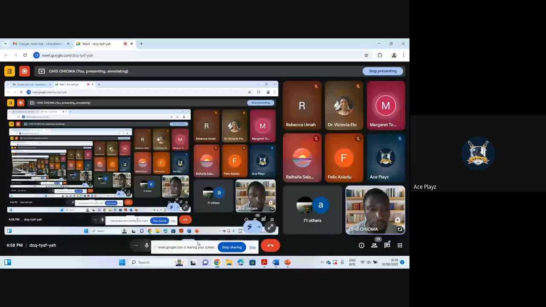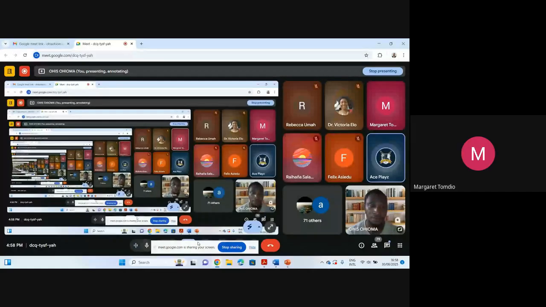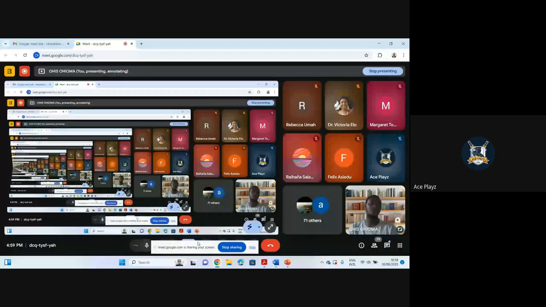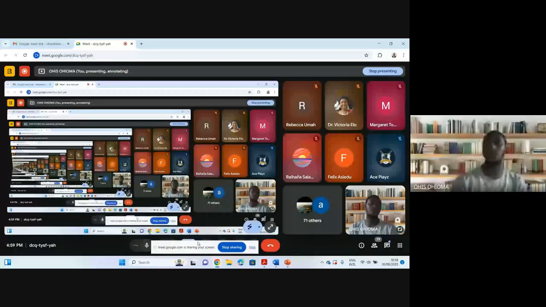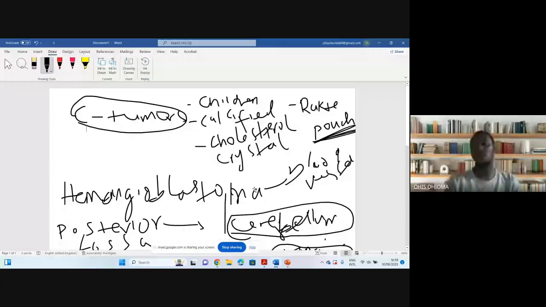It's the embryological remnant, and the anterior pituitary arises from Rathke's pouch. So it's a remnant of the primordial cells that go on to form the anterior pituitary, basically, right?